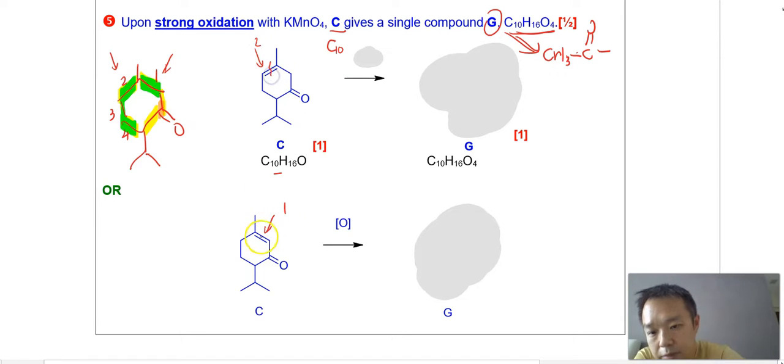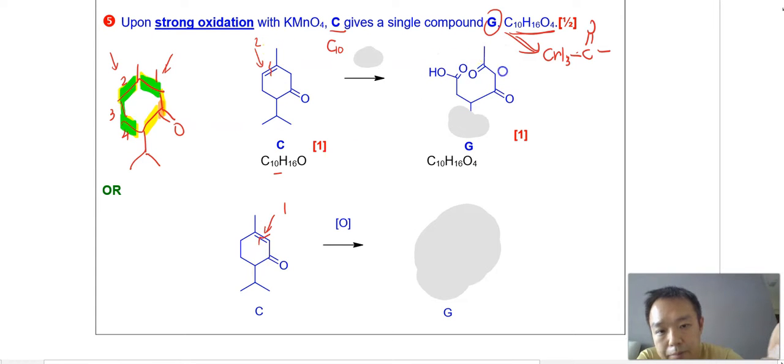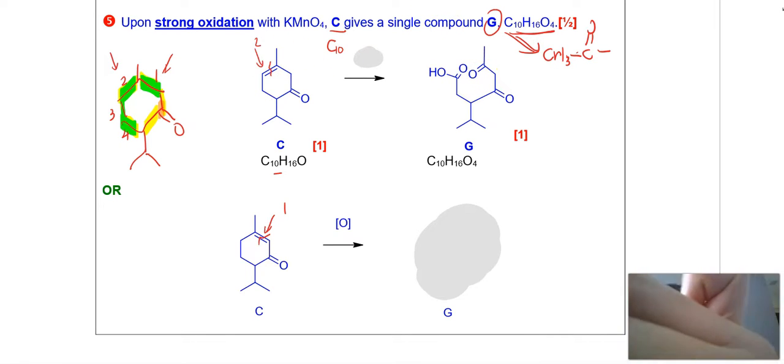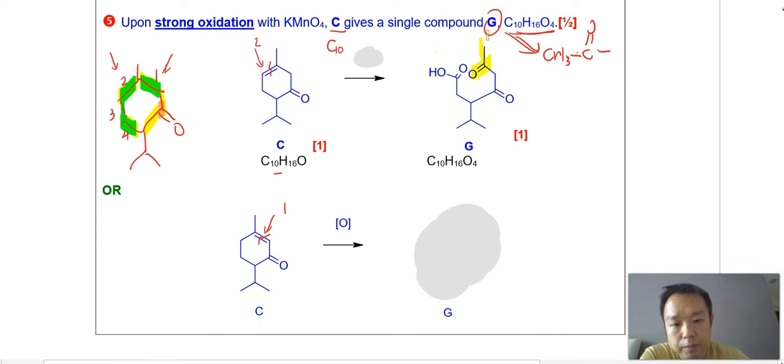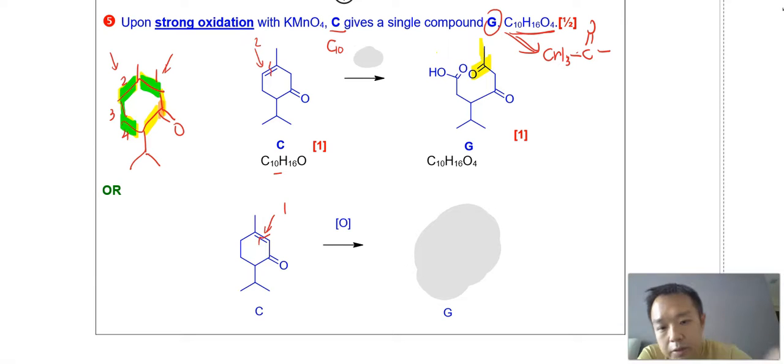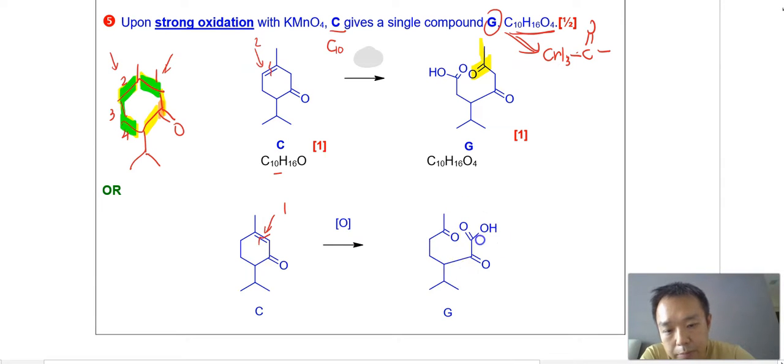When I break here, on this side I get a carboxylic acid, but on this side I get a methyl ketone. The methyl ketone will give a positive iodoform test. Similarly for position number 1, if I break over here, on this side I get my methyl ketone, and on this side I get my carboxylic acid. So there are two possible structures for C, and therefore two possible structures for G.